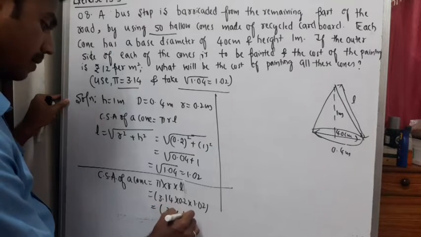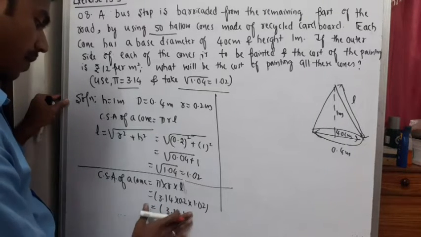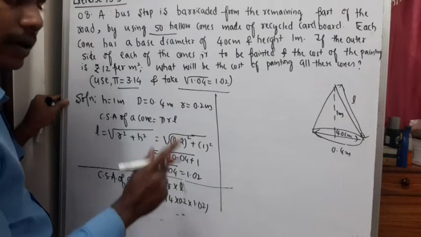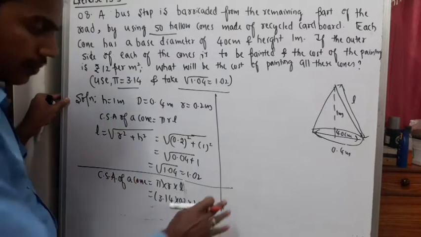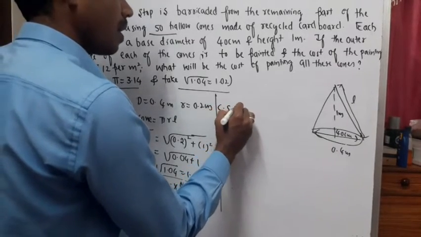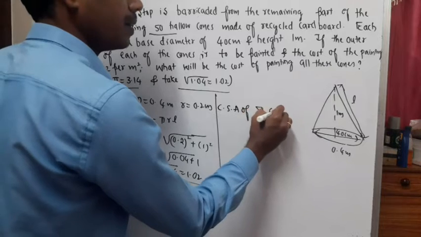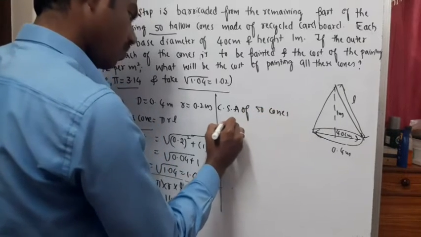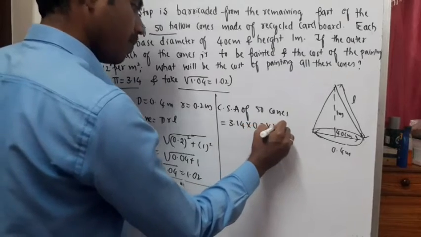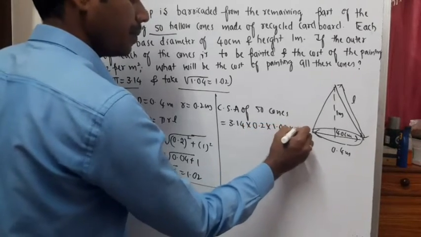Okay, we'll do one thing. This is the curved surface area of one cone. We need curved surface area of the 50 such cones. Curved surface area of 50 cones is equal to 3.14 into 0.2 into 1.02 into 50.